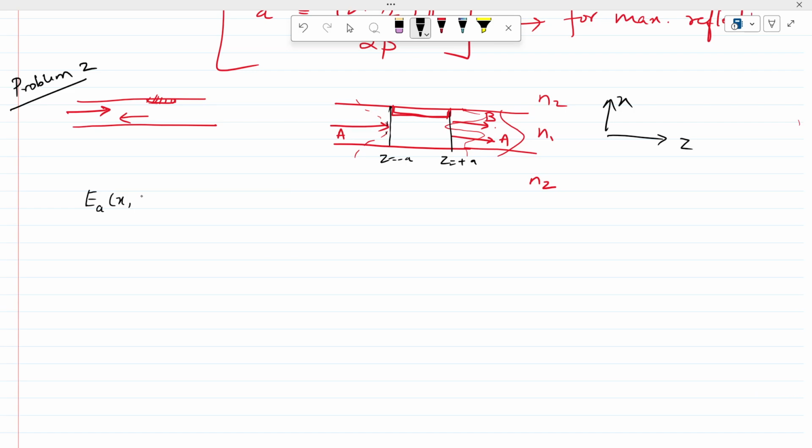A of x comma z comma t, obviously, is equal to a by 2 times Ea of x times e power minus j (beta a z minus omega t) plus the complex conjugate term.